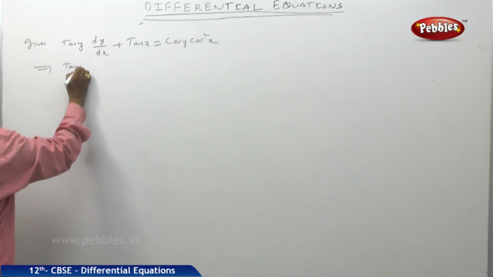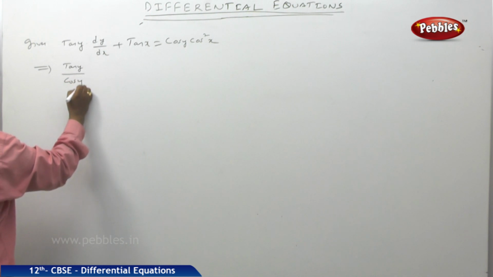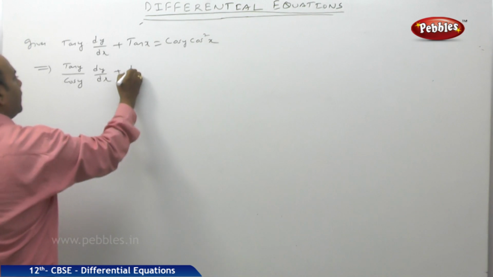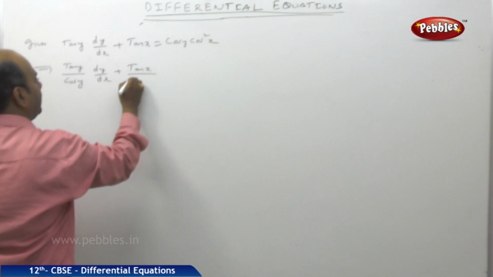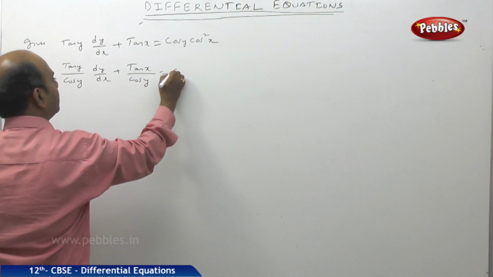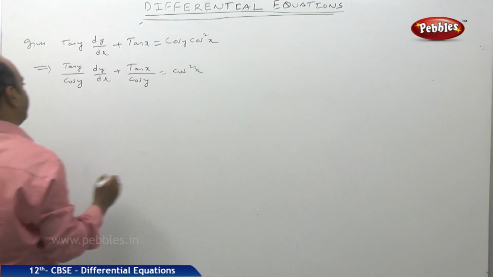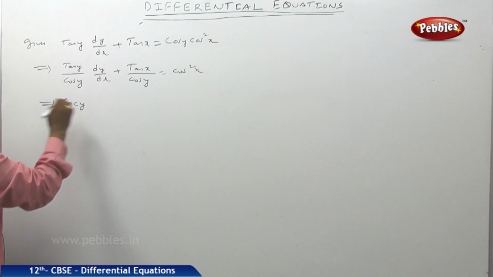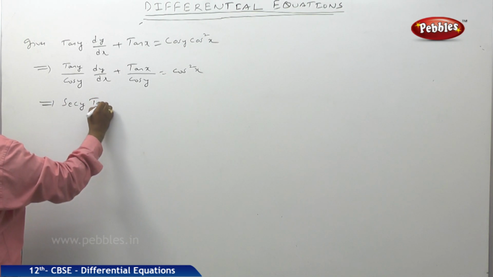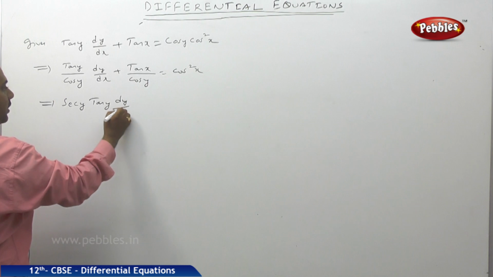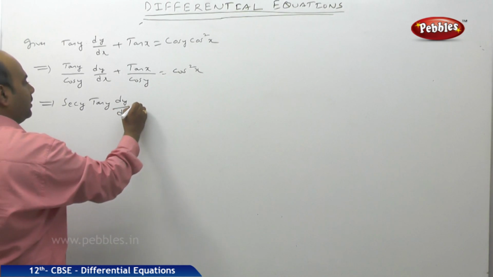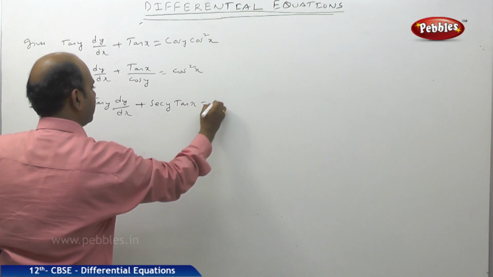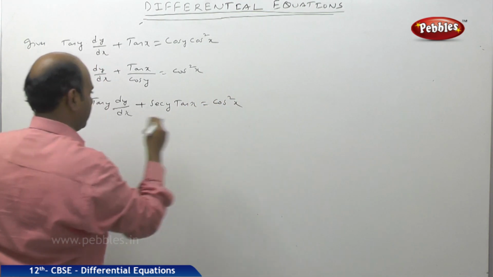So tan y by cos y into dy by dx plus tan x by cos y is equal to cos square x. 1 by cos y means secant y. Secant y tan y into dy by dx plus secant y into tan x is equal to cos square x.